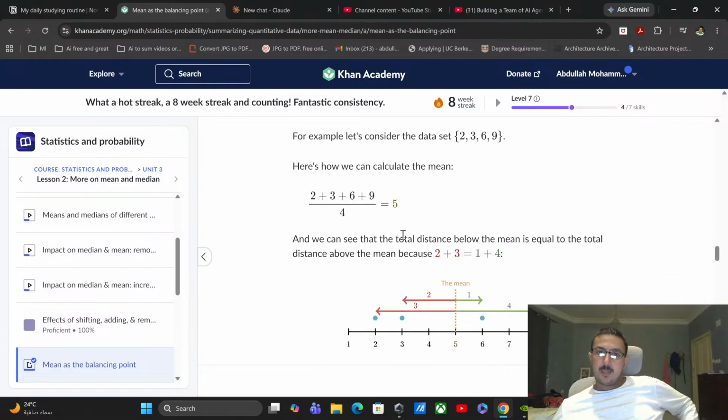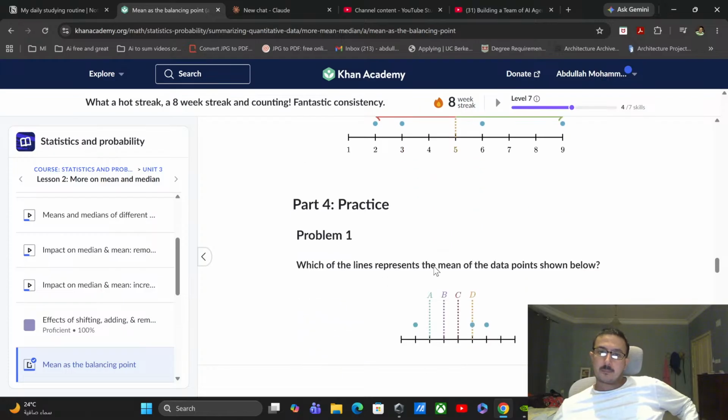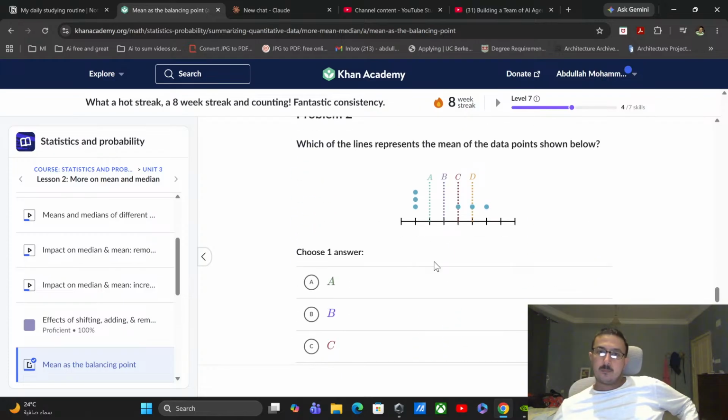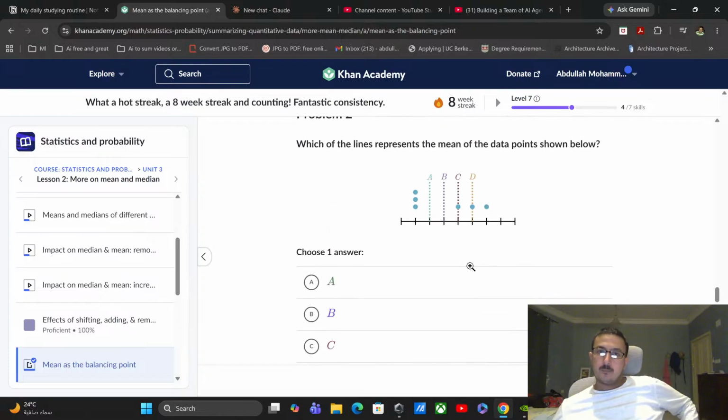Let's check something else. How many times do you calculate this?